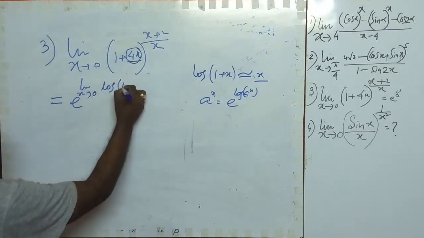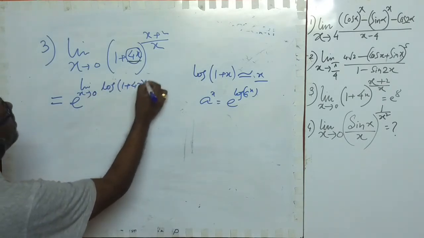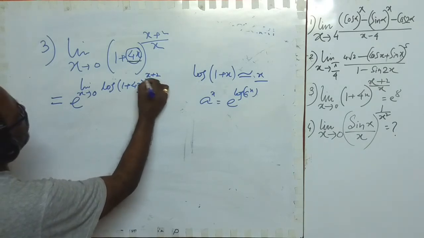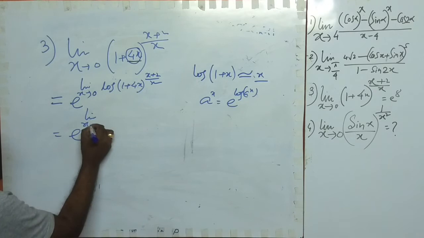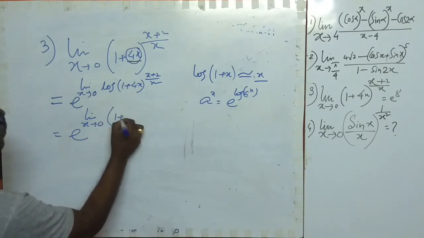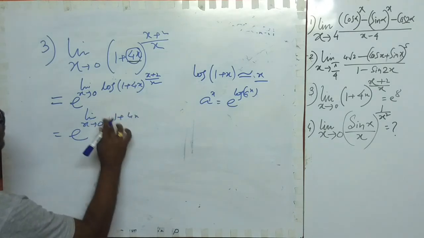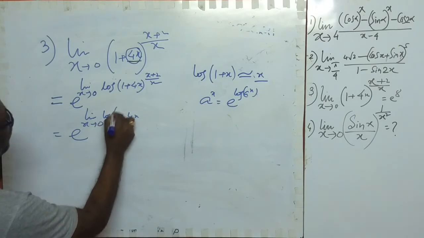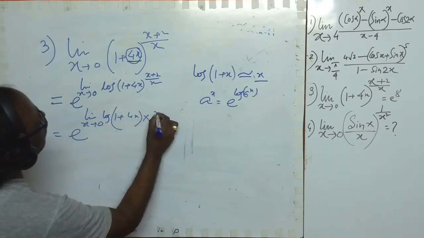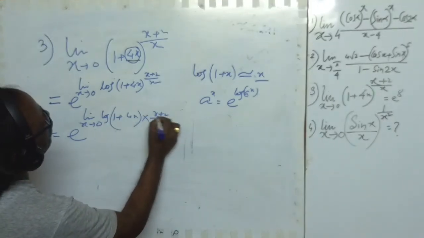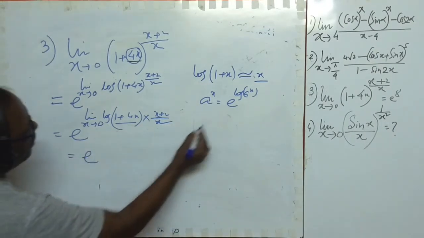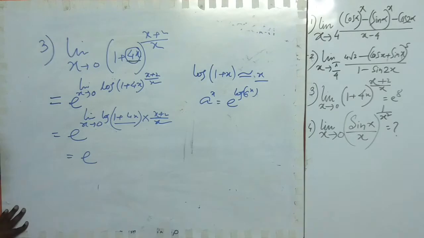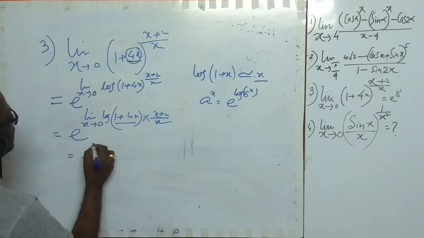So log of 1 plus 4x, and this is (x plus 2) by x, so that is equal to limit x tends to 0 of log of 1 plus 4x into (x plus 2) by x. See here, it is very small, so we can write this as 4x.